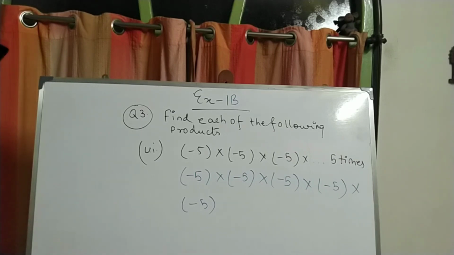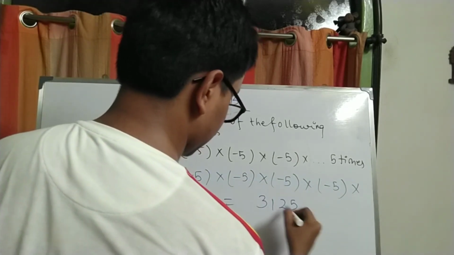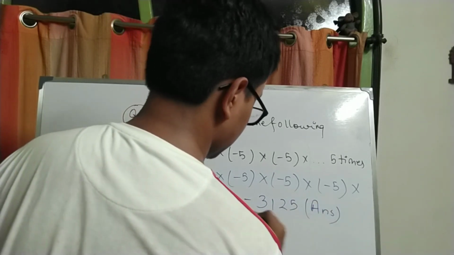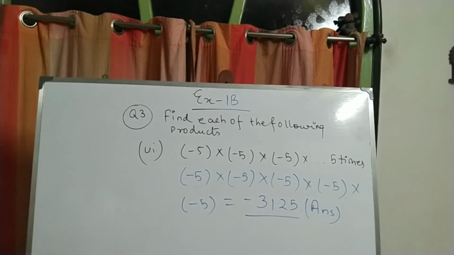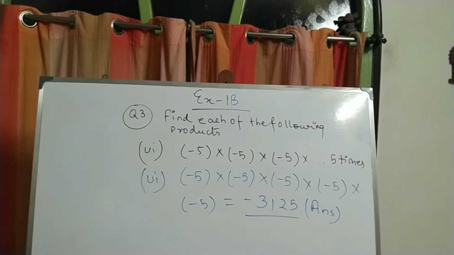So the answer will be 3125, and it will be minus because 5 is an odd number. 5 is an odd number, so this will be minus 3125.